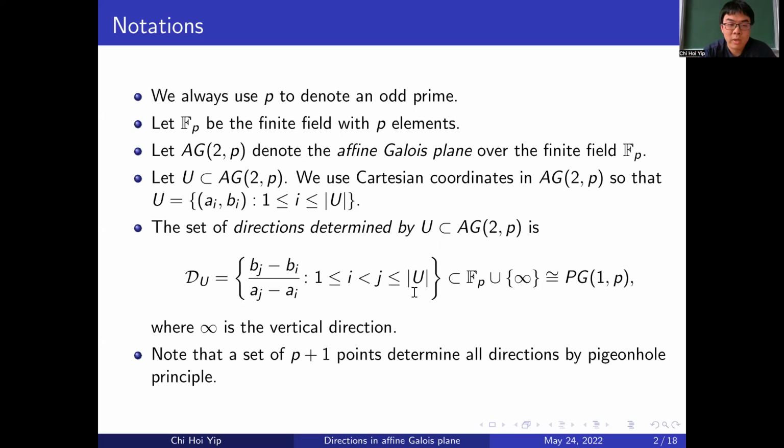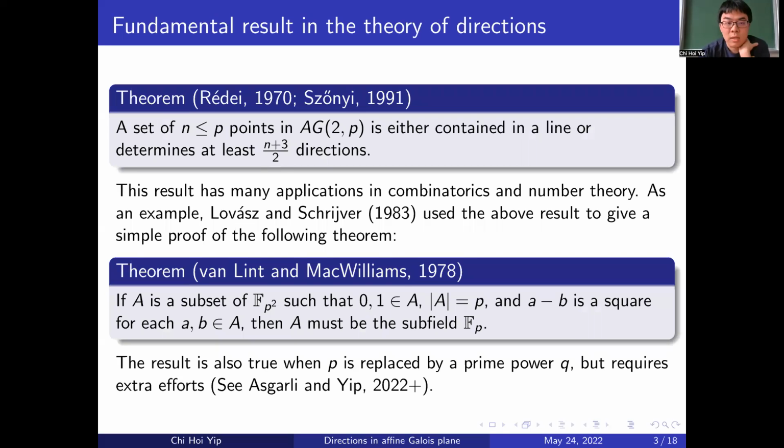So we will focus on the case where the set U has at most P points. One of the fundamental results in the theory of directions is the following result by Rédei and Szőnyi. Rédei proved this result in the case that the point set has exactly P points, and Szőnyi further extended that to all point sets with at most P points.